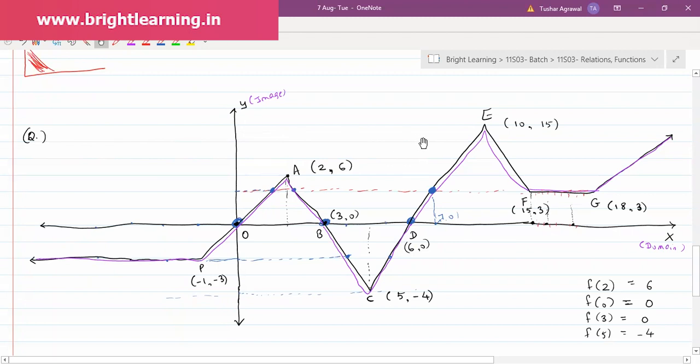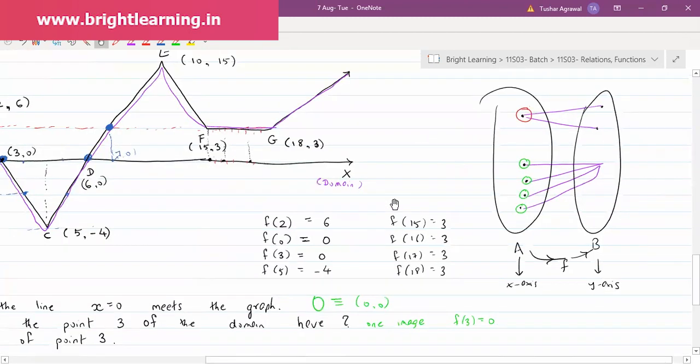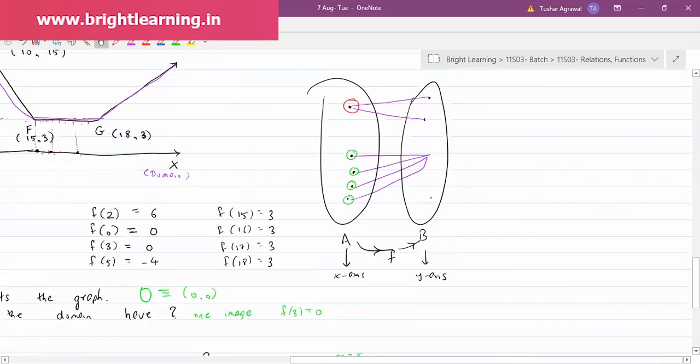When I'm talking about a horizontal line, I have fixed the image. And if I have fixed the image, how many pre-images may it have? It can have anything. There may be an element which does not have any pre-image. There may be an element which has a single pre-image. There may be an element which is the image of more than one element.